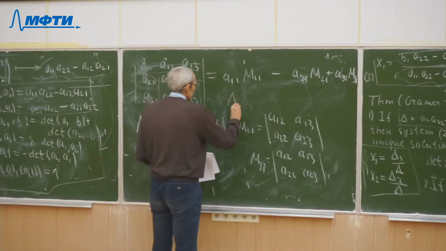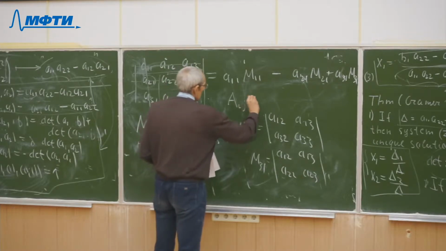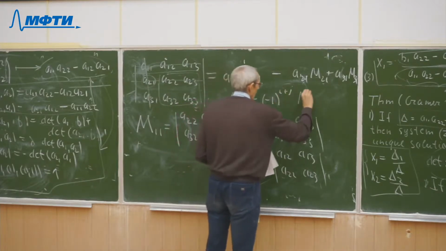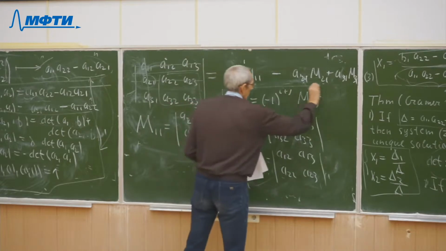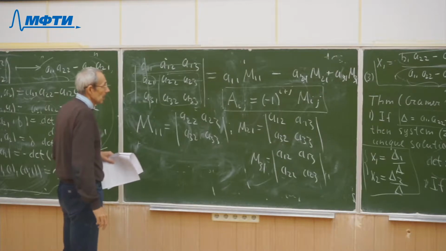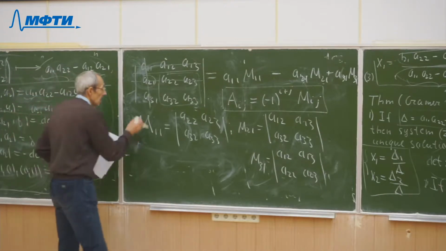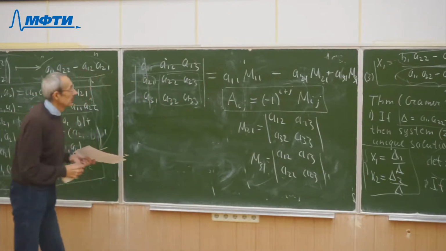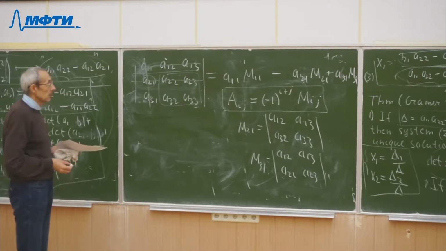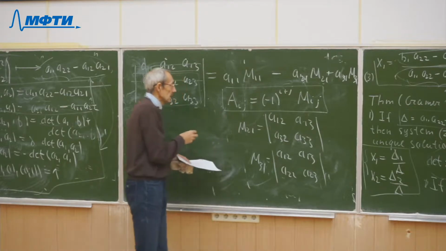Let's consider the minors with signs by the following formula. The general definition of the determinant is the sum of products of the elements of an arbitrary row or arbitrary column by the corresponding minors with signs.